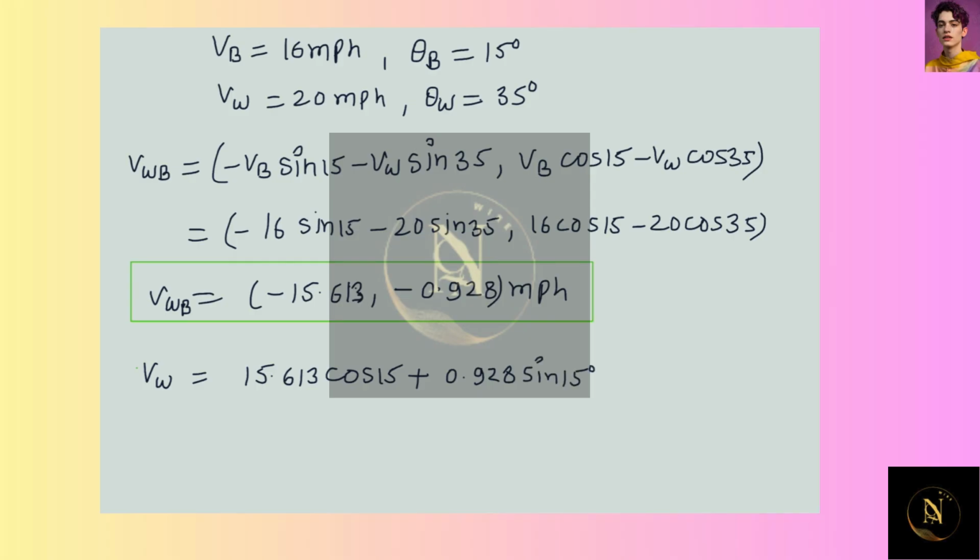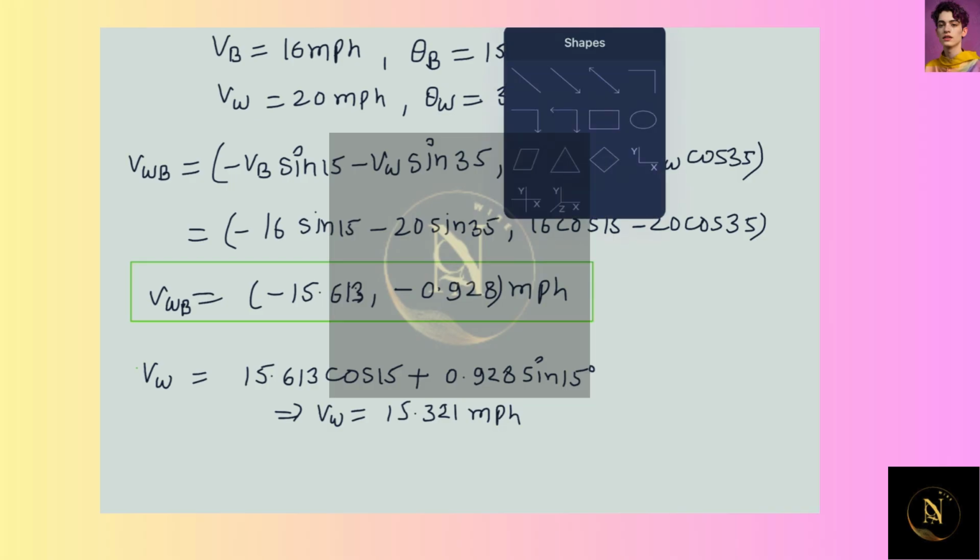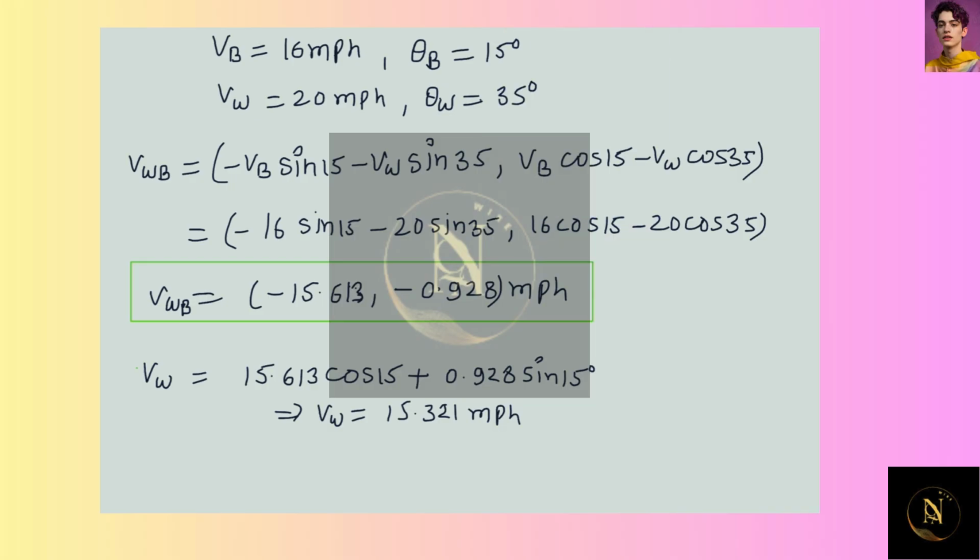So after solving this value, we can obtain Vw as 15.321 mile per hour. This will be our second answer.